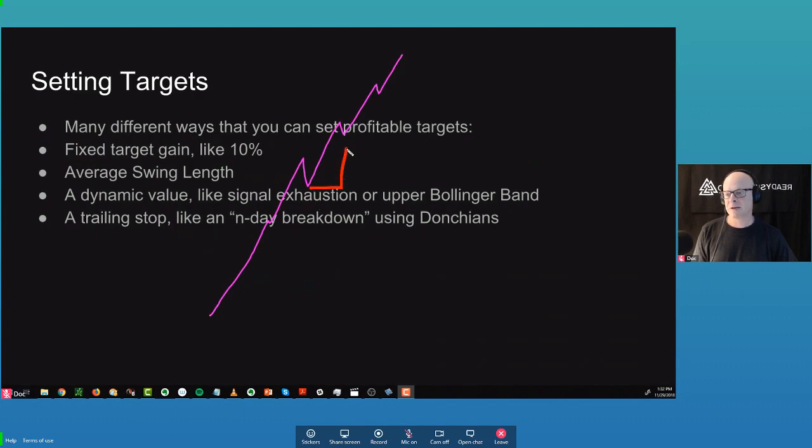In this case, maybe it's a 10-day breakdown, so this is of the last 10 days. The lowest price was up here, there's an N-day breakdown, and now we have a price that's up here. Eventually, after it stops and starts getting weak, the price will break down through that lower Donchian. Again, that's all explained in the trend trading class.